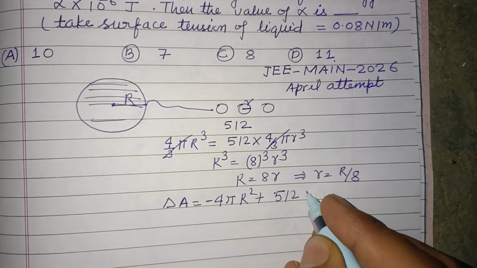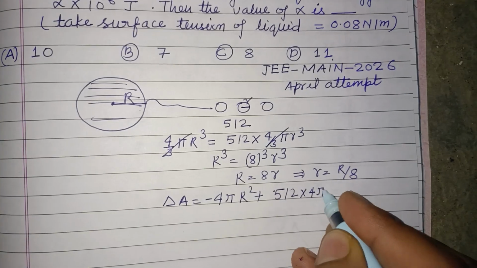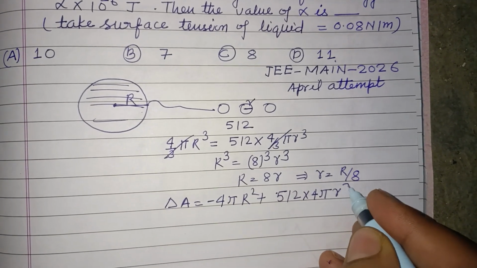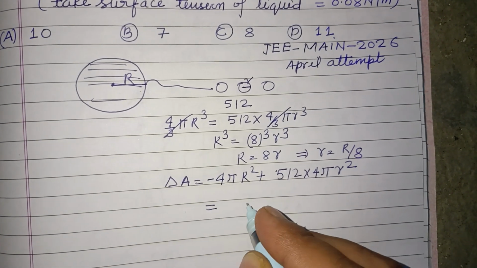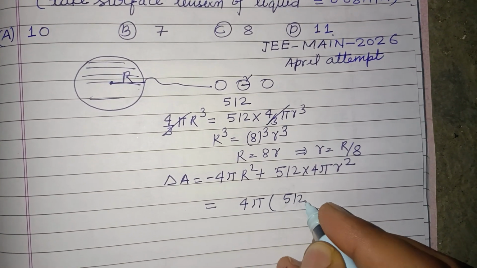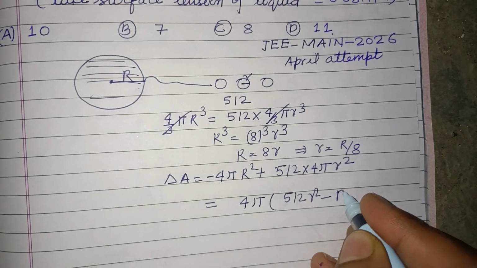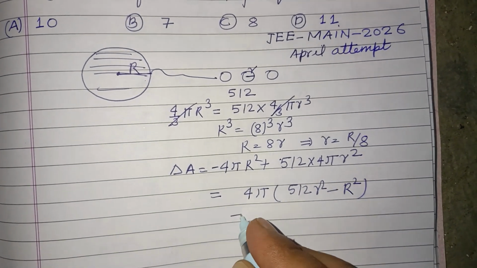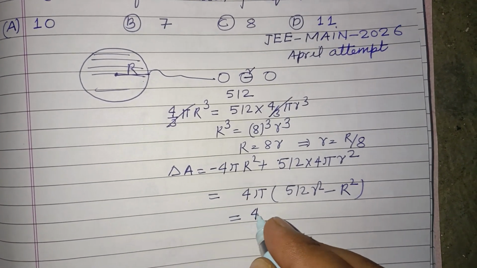So 512 into 4 pi small r square. We take 4 pi common, so 512 r square minus capital R square. This is the change in surface area.